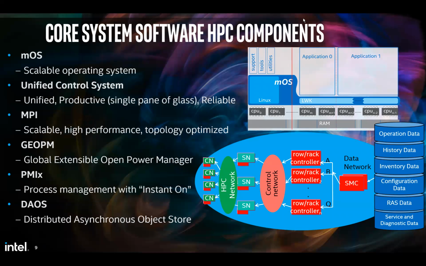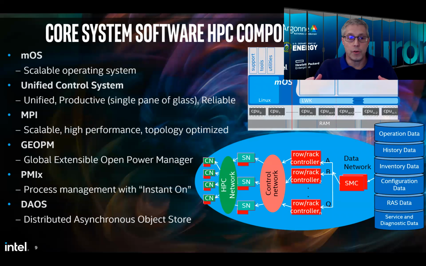A second realization that came out of these machines is that when you have these large numbers of racks and nodes and GPUs and everything, what you need is a scalable way of monitoring the machine, of figuring out what's going on. We have something called a unified control system, which is depicted there in the bottom right.